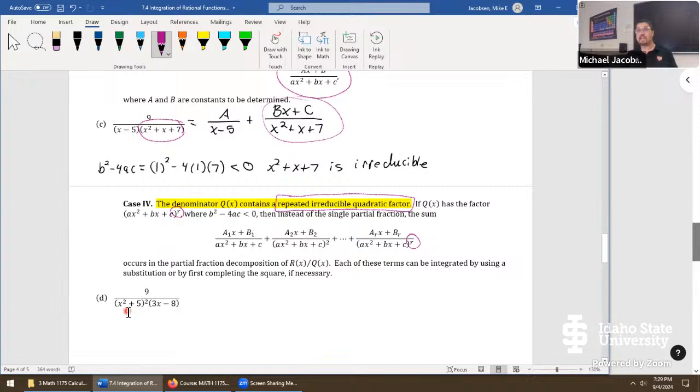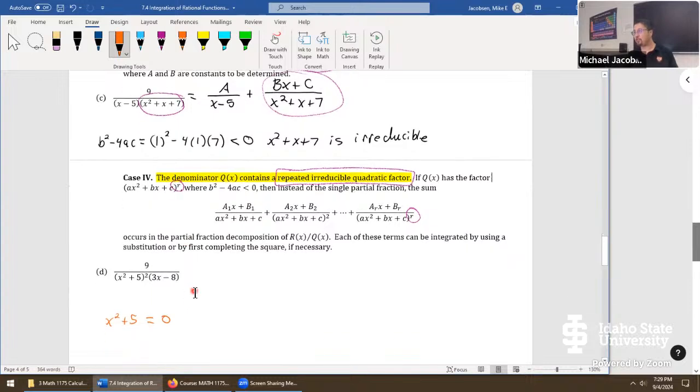x squared plus 5 is absolutely irreducible. Here's another way to test it if you're not a big fan of the discriminant. x squared plus 5 equals 0. If you can solve this and get a real number, it's not irreducible. If its only solutions are complex numbers, it is irreducible. So imagine solving that equation.